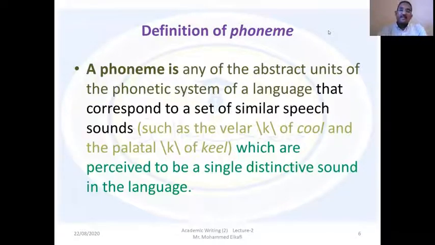A phoneme is any of the abstract units of the phonetic system of a language that correspond to a set of similar speech sounds, such as the velar k of cool and the palatal k of keel, which are perceived to be a single distinctive sound in the language.